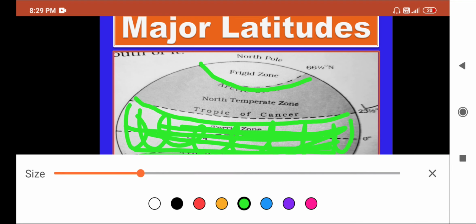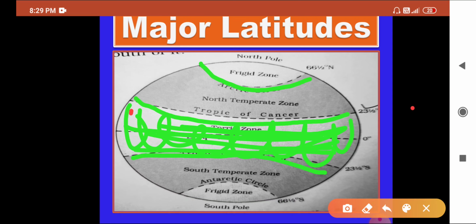Here you can see that this zone is called torrid zone in the center. Why is it called torrid zone? Because the midday sun is exactly overhead at least once in a year on all latitudes in between the Tropic of Cancer and the Tropic of Capricorn.